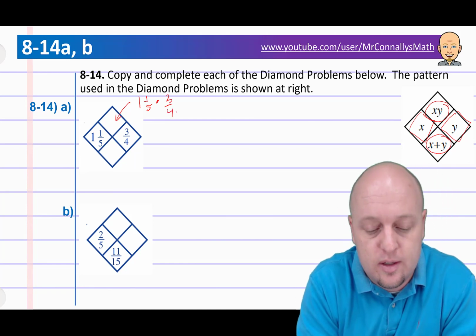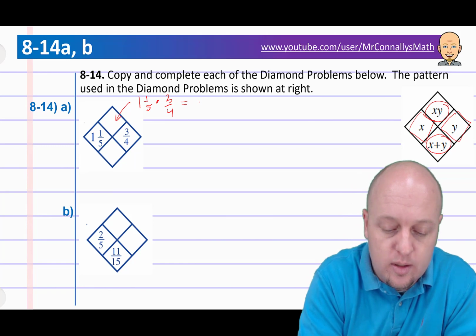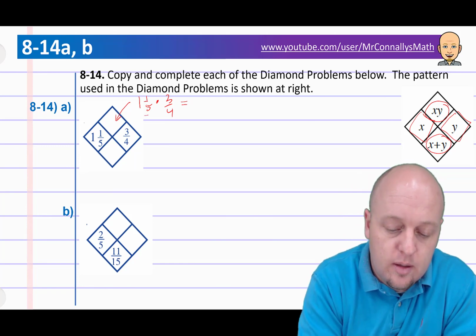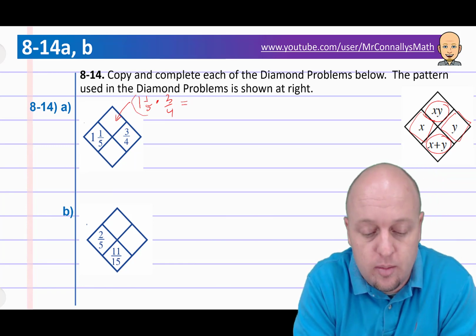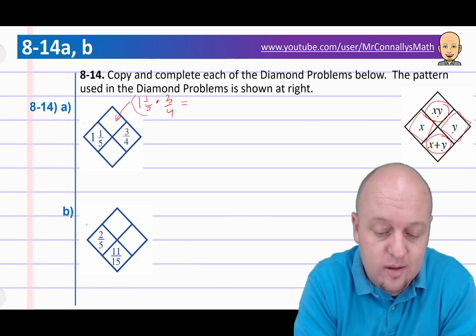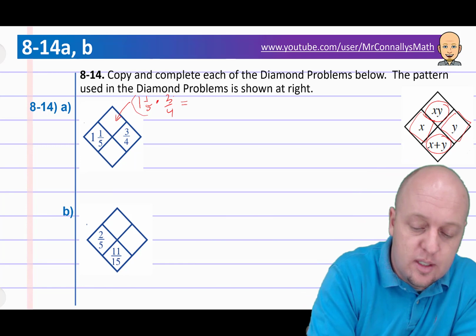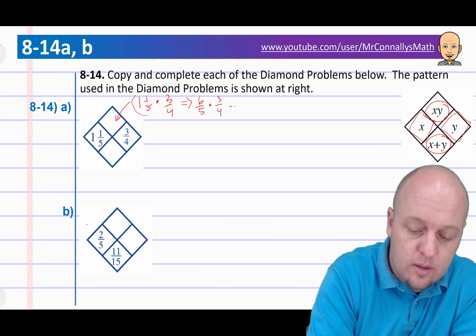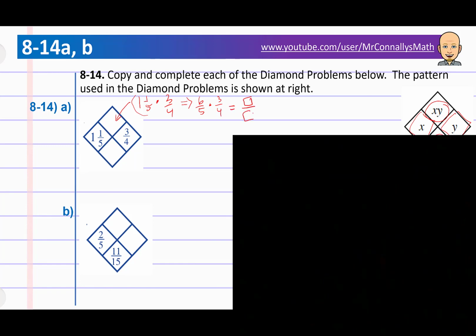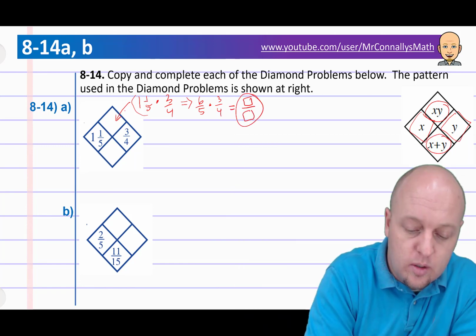So 1 1/5 times 3/4, we got to turn it into an improper fraction greater than 1. 1 1/5 would be 5/5 plus 1/5 is 6/5. So this becomes 6/5 times 3/4. Okay, so multiply those together. That answer will go in here.